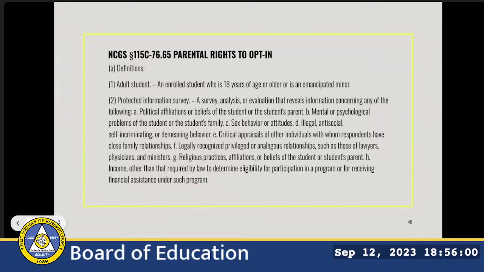This deals with protected information surveys, which are any information dealing with political affiliations or religious beliefs or mental and psychological problems or income that's not related to whether you qualify for benefits or sex behavior or lots of other information.